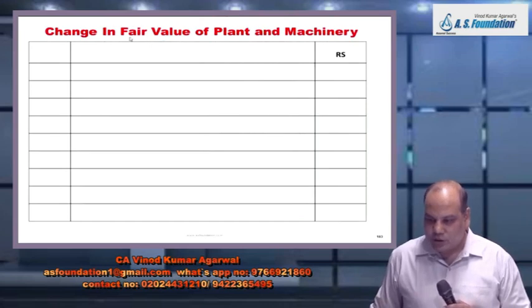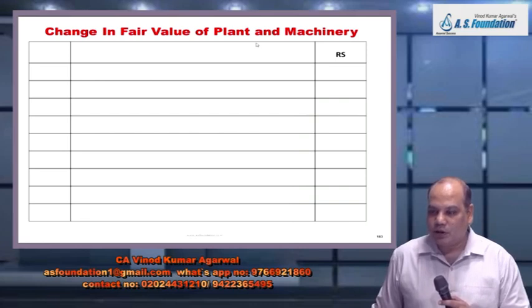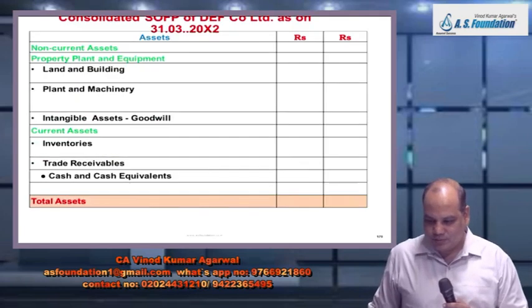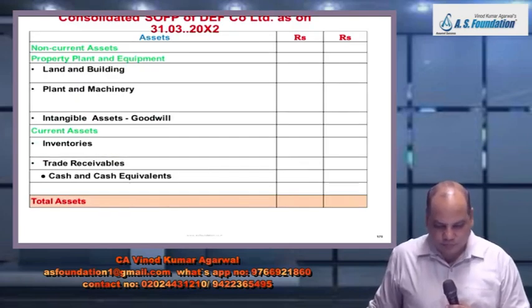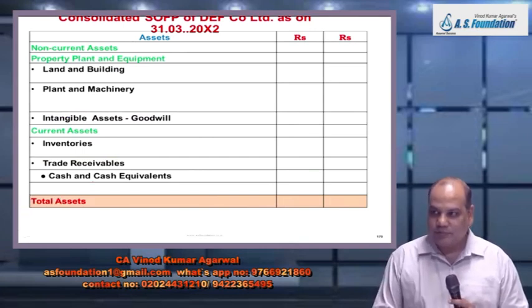And one more working note in this problem is change in fair value of plant and machinery. Three working notes we will prepare. Ready? So should we start now? Say yes. Property, plant, equipment.